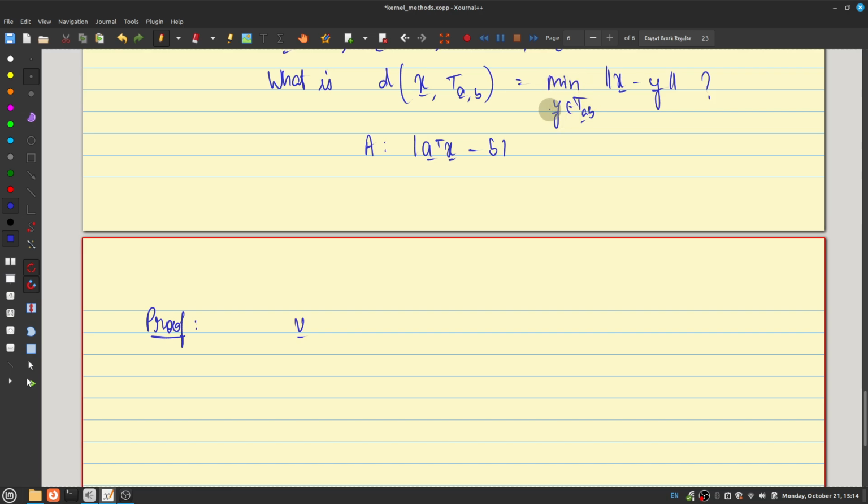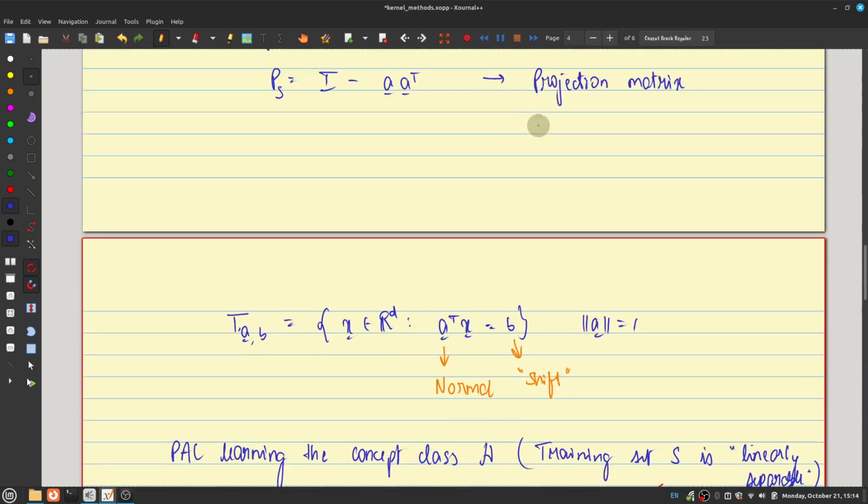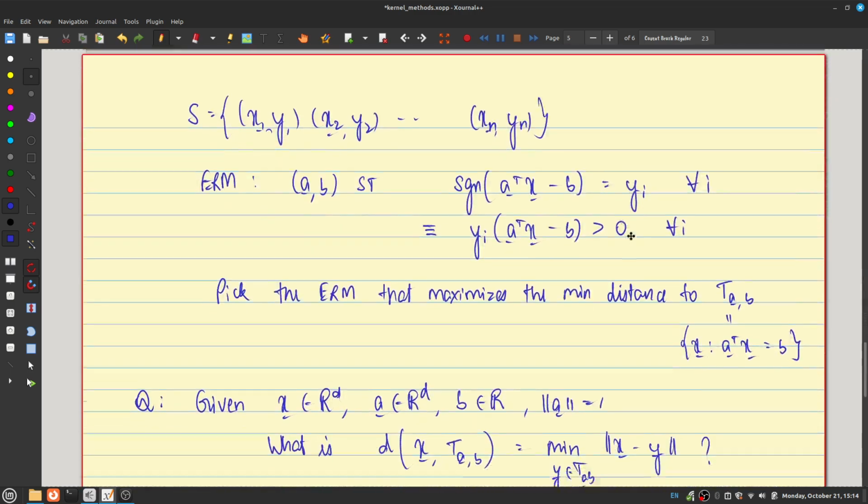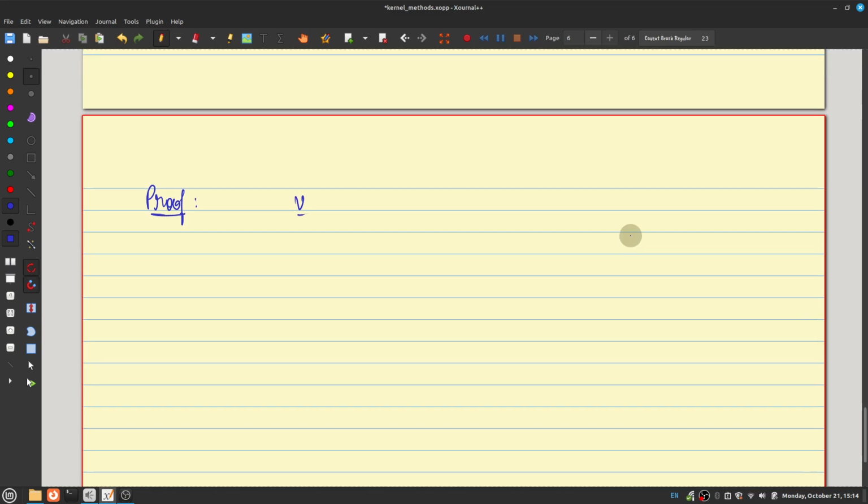I'm minimizing over all vectors in this hyperplane. If you go back to this particular picture, given this particular vector y, what is the closest point in this particular hyperplane? It would lie somewhere over here. What I want to know is the distance between these two points, or in other words, in this picture, the length of the pink colored vector. Any questions?